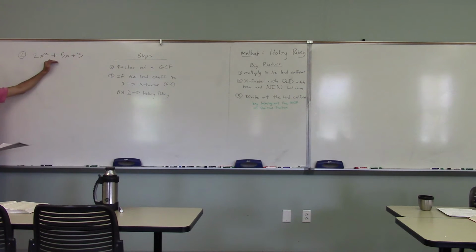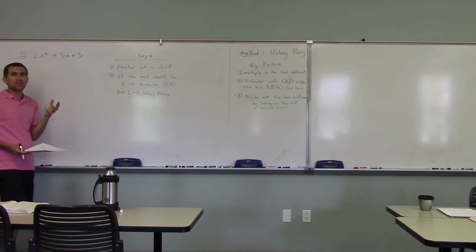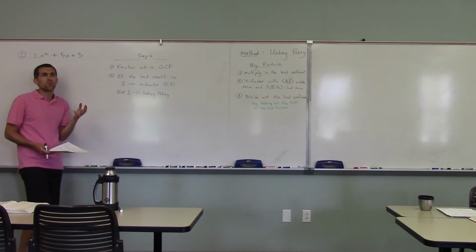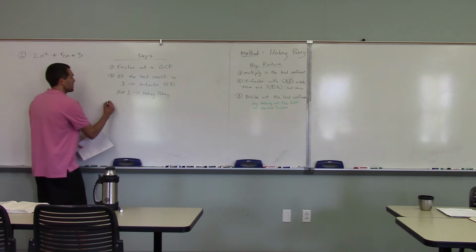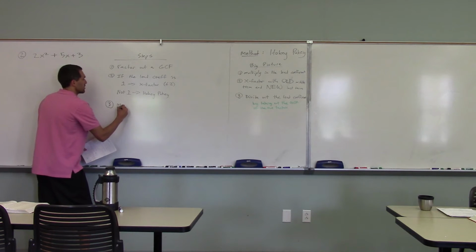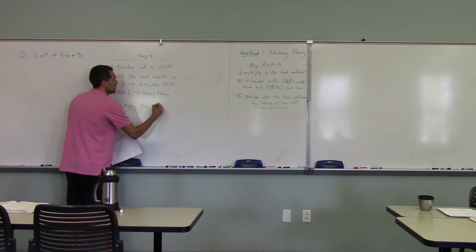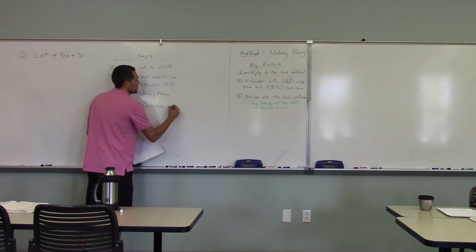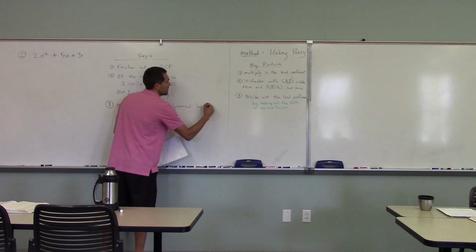This is the mental check you go through every time we start a problem. First, is there a GCF? Nope. Second, what's the coefficient? Oh, it's not 1? Then I gotta do the harder method. That's a little frustrating. I like it when it's a 1, it's easier. But okay, step 3: multiply the whole polynomial by the lead coefficient.